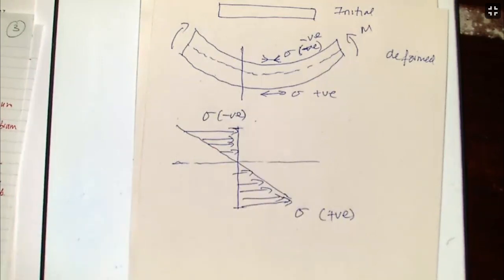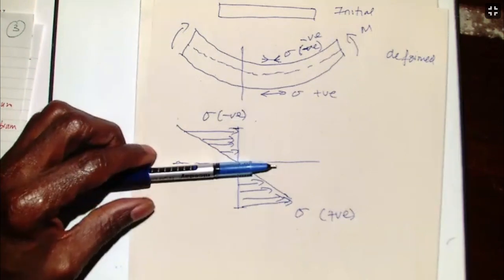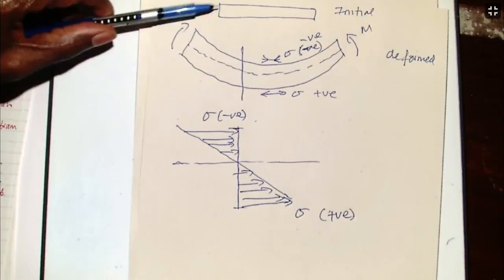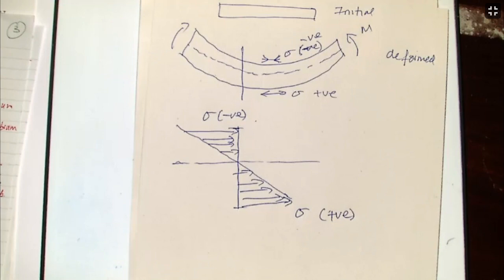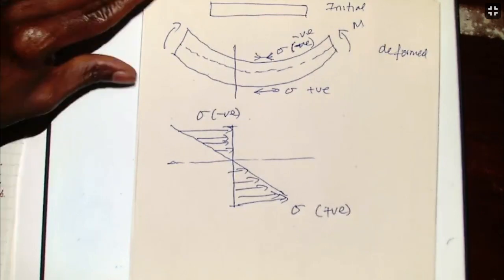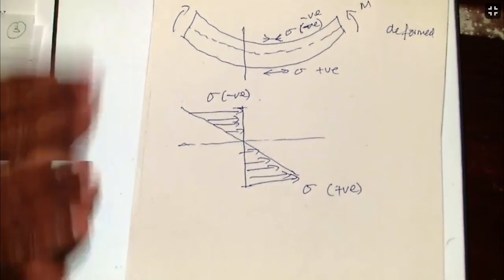So this is suggesting that we have stresses that are developed within the beam that are acting along the length of the beam. But we know we don't have any load that is applied. So what that means therefore is that if we sum up all the forces that are developed by the stress along the length of the beam, it must be zero.